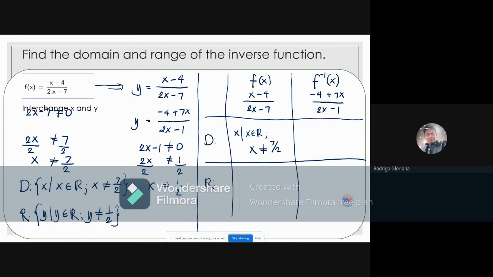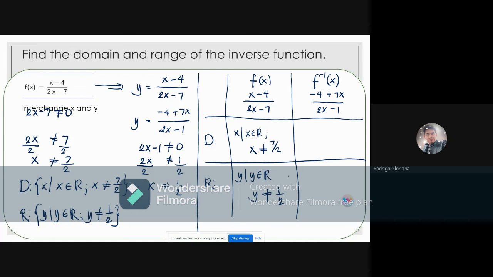For the range, y such that y is an element of the real numbers, and y is not equal to 1 over 2. So what will be the domain of the inverse?